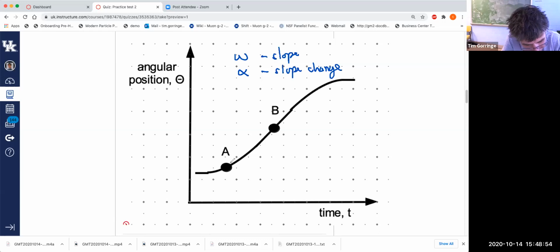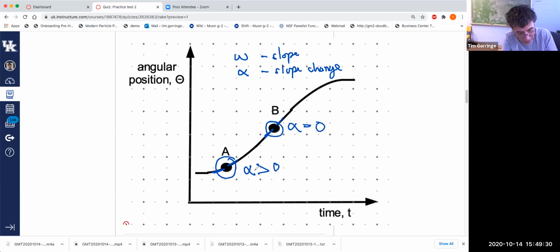And so let's look at these 2 points. Here, the slope is getting steeper. Just before point A, here's the slope. Just after point A, here's the slope. The slope has got steeper. At B, the slope is not changing. Here's the slope before point B. Here's the slope after point B. It's the same slope. It's no steeper, no shallower. So there is acceleration here, and there's no acceleration here.